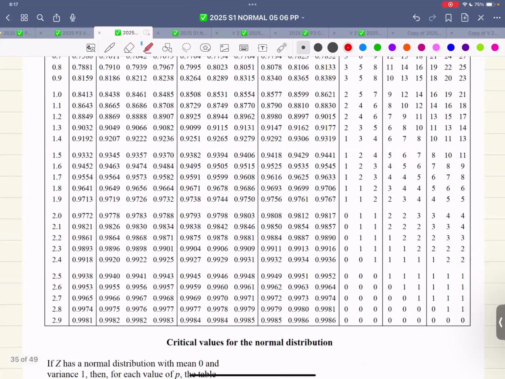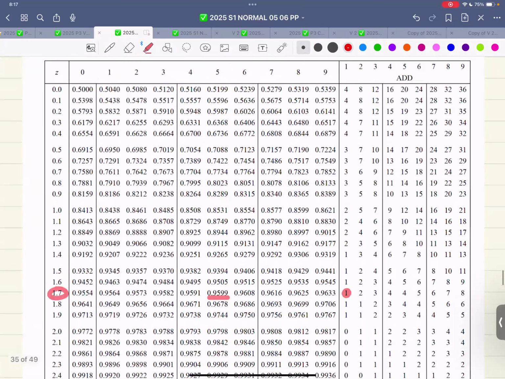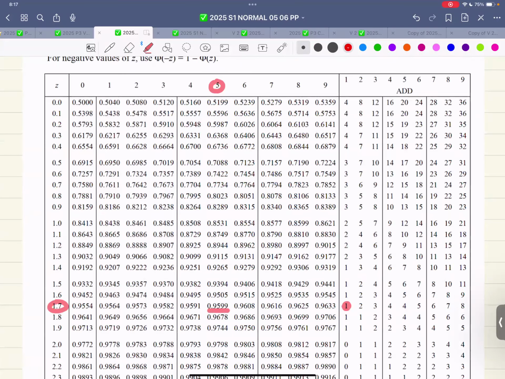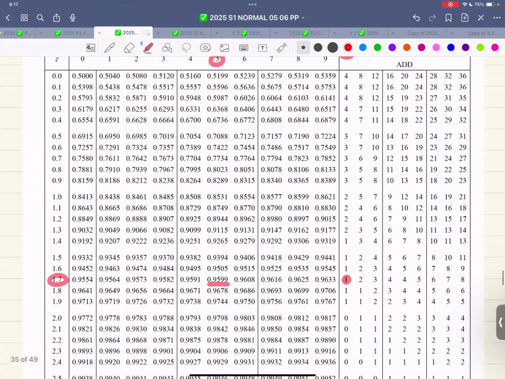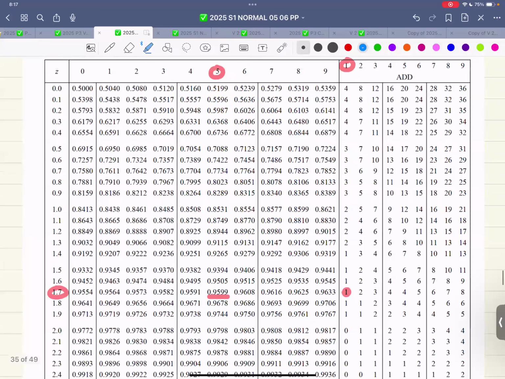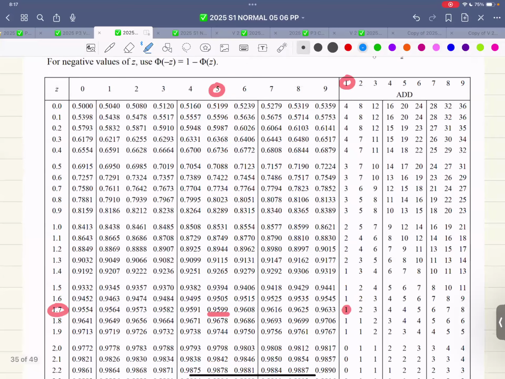This is 0.9599, that is 1.75. And similarly, 0.70 is 0.6985, that is 0.52, and you need 15 more.